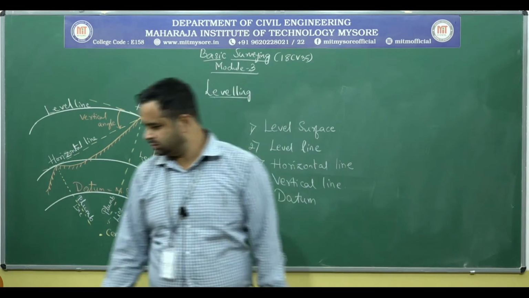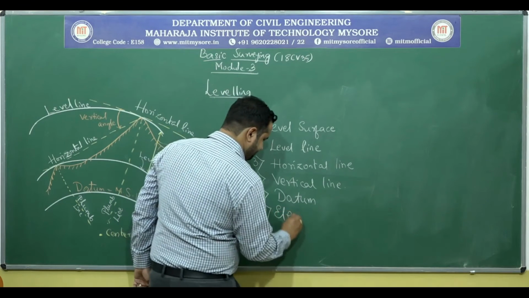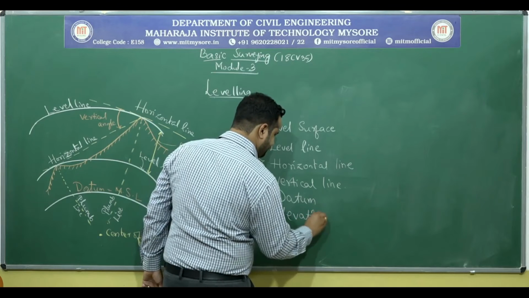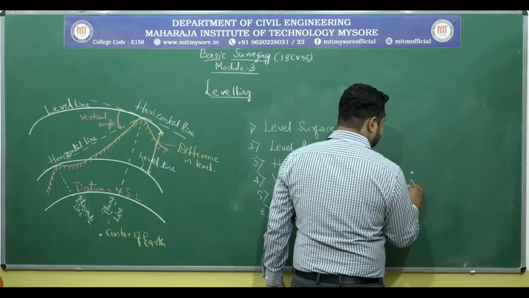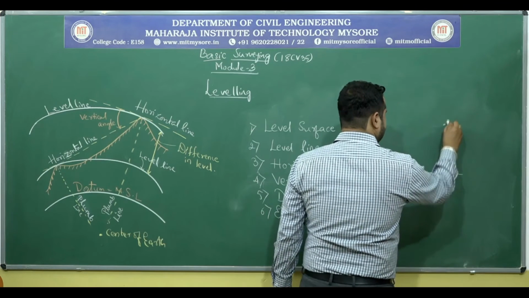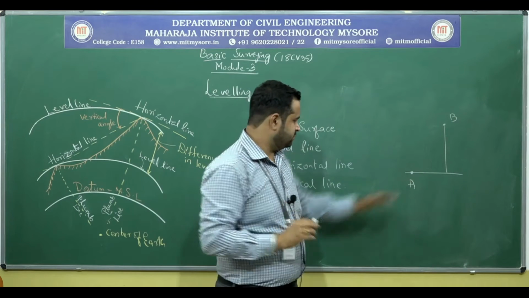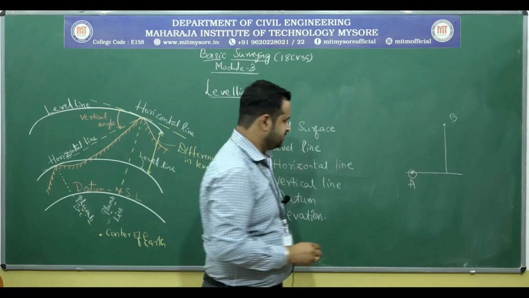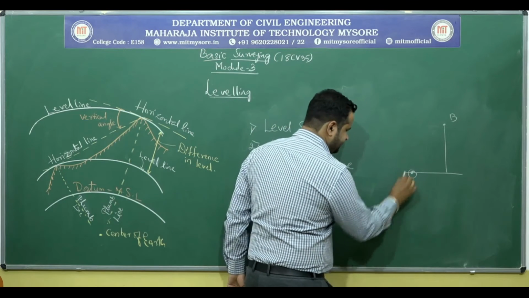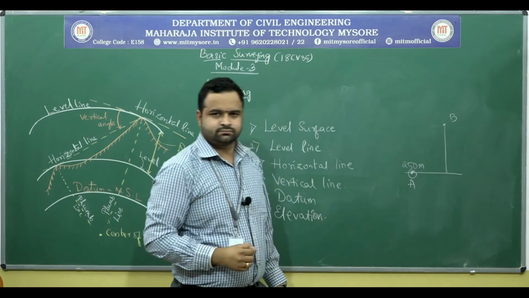Next, what do you mean by elevation? Let me consider this as point A and this as point B. Say, for example, I know the elevation or position of point A from mean sea level, it is around 250 meters.